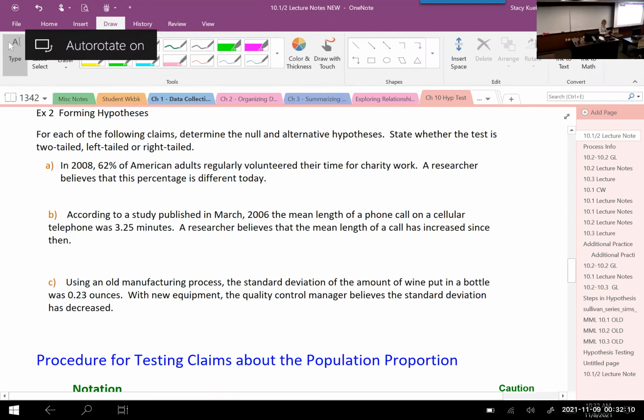So first of all, you need to determine, is this a proportion? Is this a mean? Is it a standard deviation that we're looking at? I have 62% in there. What variable would I assign 62%?